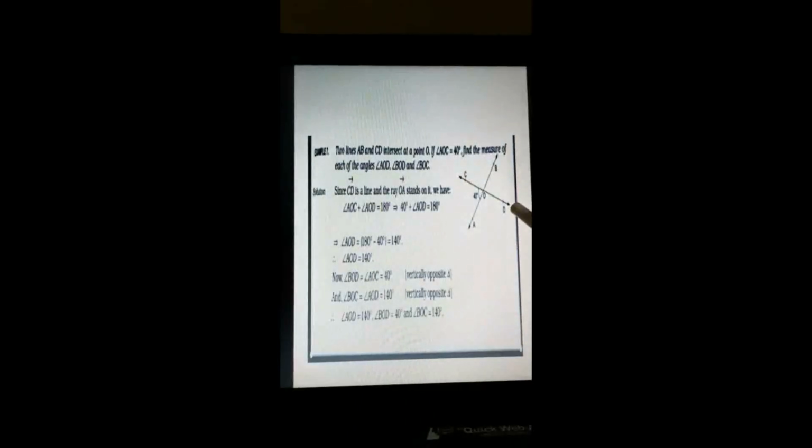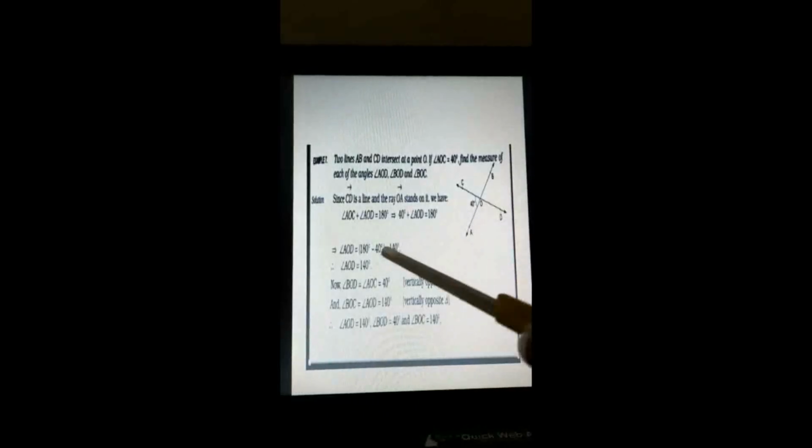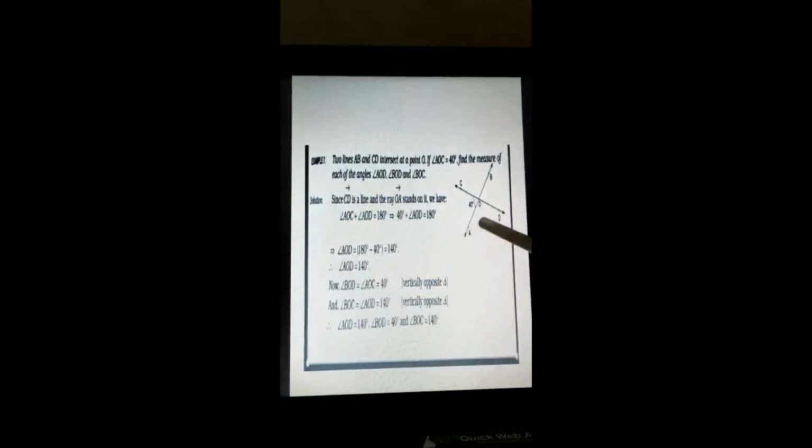And if you remember, by linear pair, if this is a straight line CD and OA is a ray over that CD, if one angle is 40 degree, what will be the other angle? 180 degrees minus 40. Now 180 minus 40, we get 140 degrees. That is equal to angle AOD is equal to 140 degree.